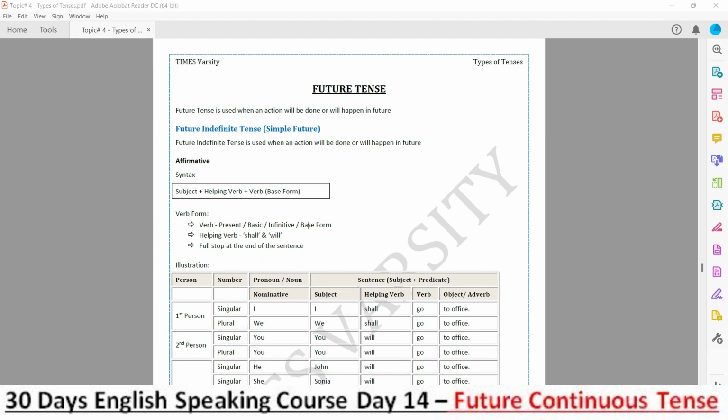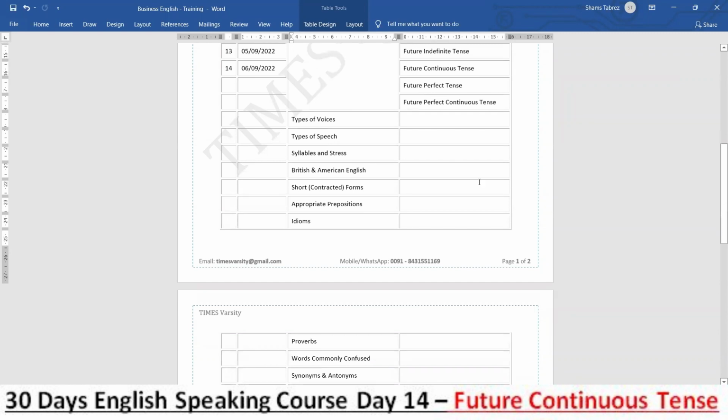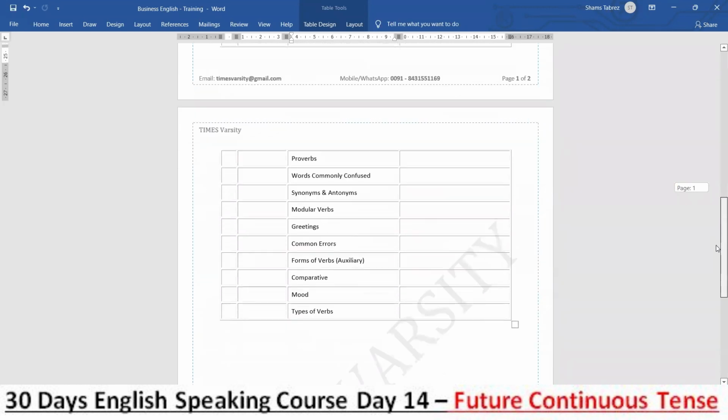In the next session, we will discuss future perfect tense, and then we will be left with future perfect continuous, and other topics like types of voices, types of speech, syllables and stress. Then we have British and American English for different pronunciation and spelling, and many other topics.